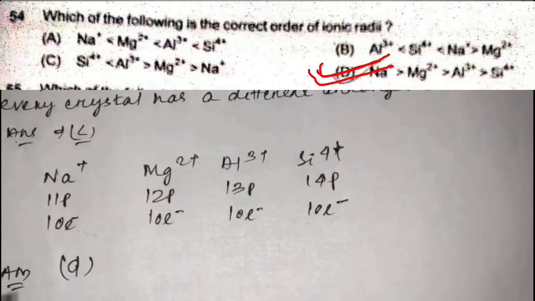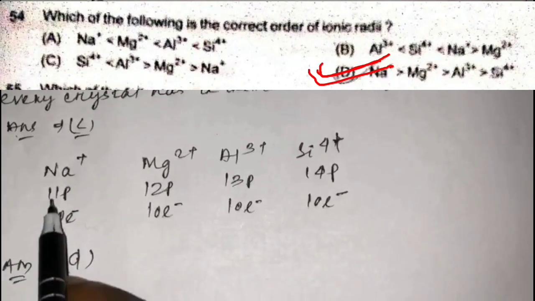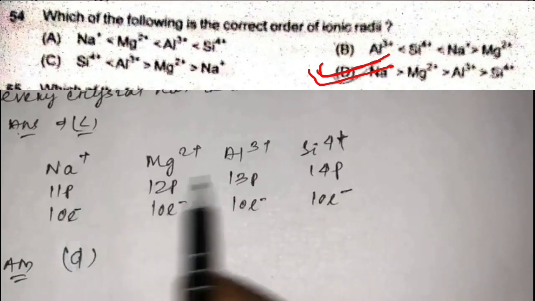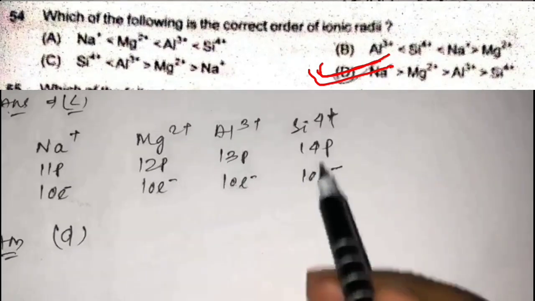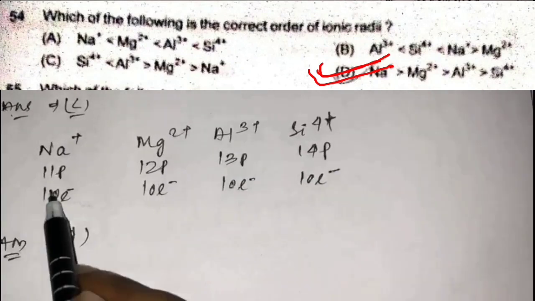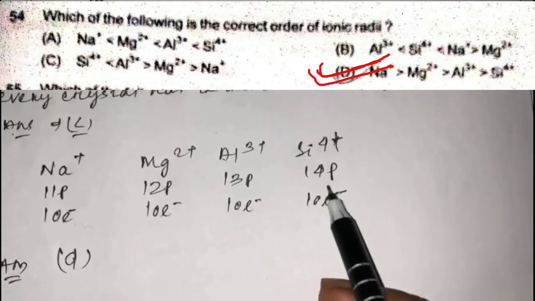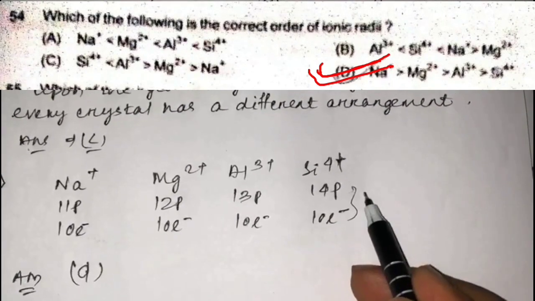Okay, so the trick is, if you are given such a type of question, just calculate the number of protons and number of electrons. Fine. Then see the attraction between them. Here 11 protons and 10 electrons are present, and here 14 protons and 10 electrons are present. So maximum attraction will be there.